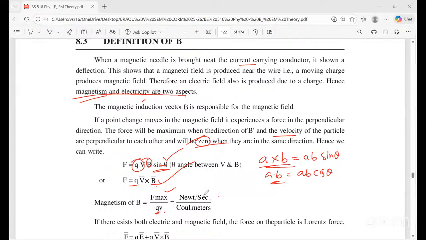So here the unit is Newton second per coulomb meter. Newton second, not per. Some mistakes are there, you can correct them.